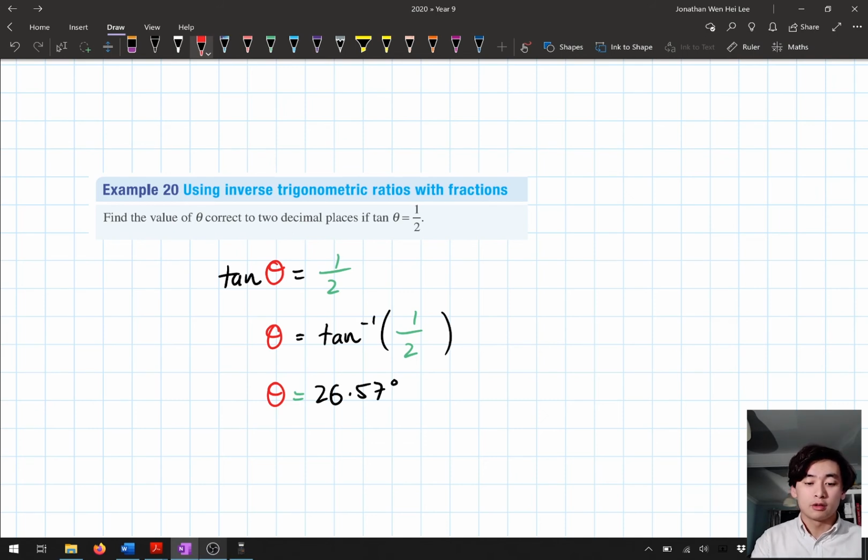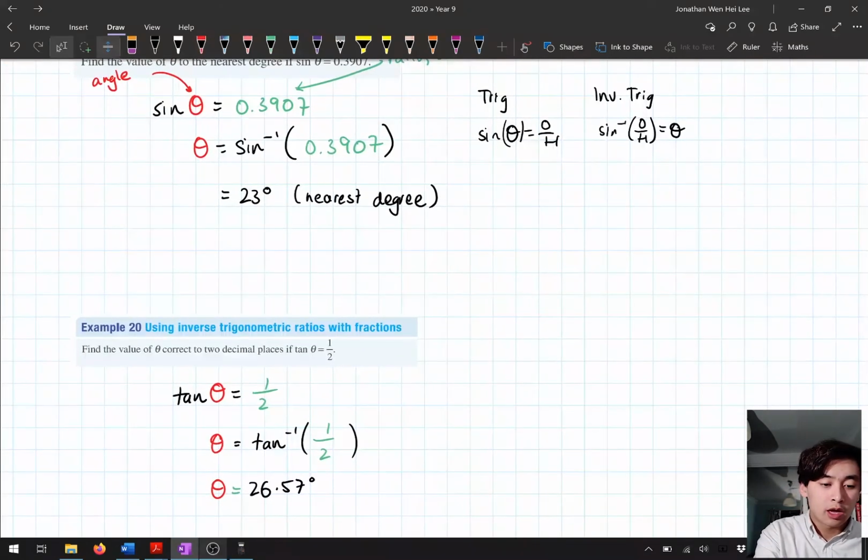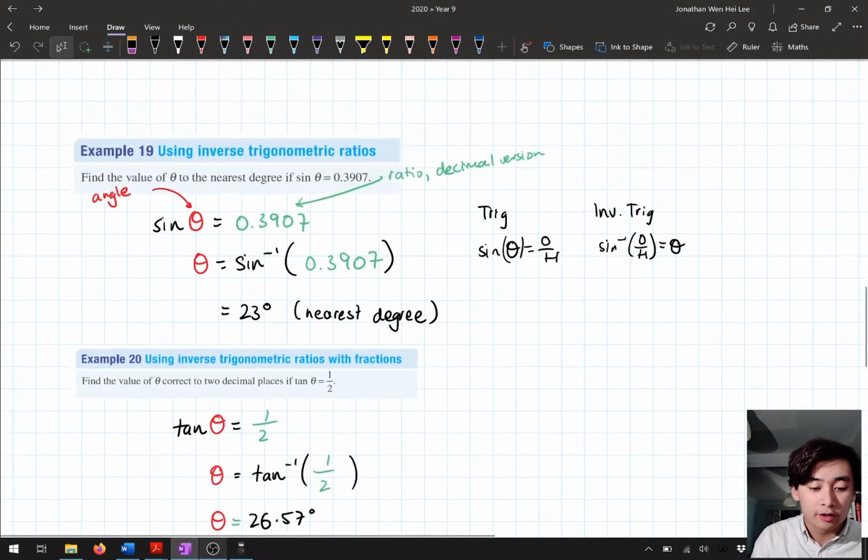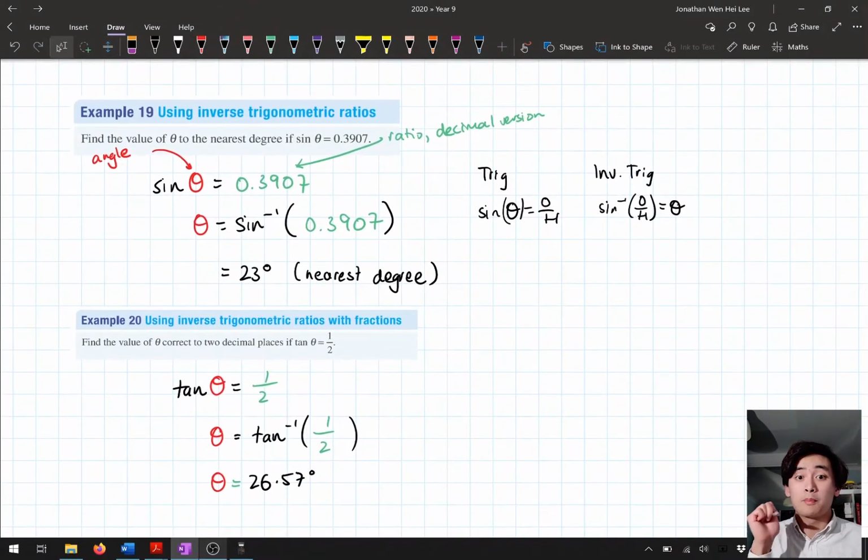Okay, so let's just sum up what we've done here. If I want to find an angle, what do I use? I use inverse trig. What do I put inside inverse trig? I don't put in an angle, I put in my ratio. Inverse trig takes your ratio and gives you an angle.